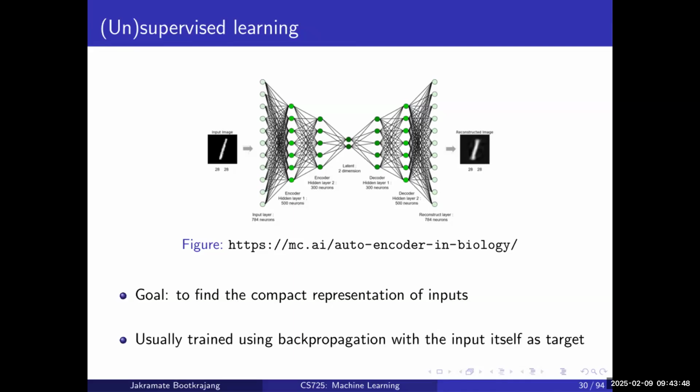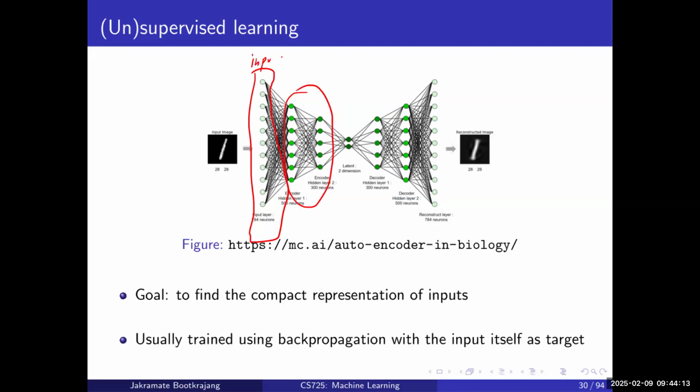Now in unsupervised learning, you don't have the answer. So what people do when they want to train a network for an image or data is they duplicate the network. This is the input, and this is the hidden.